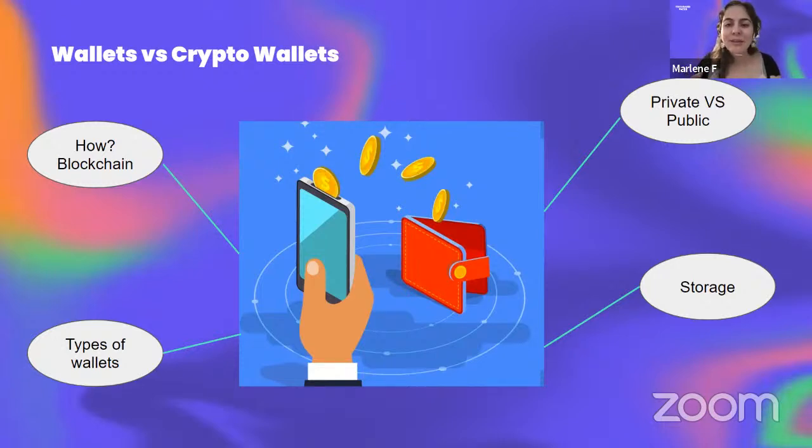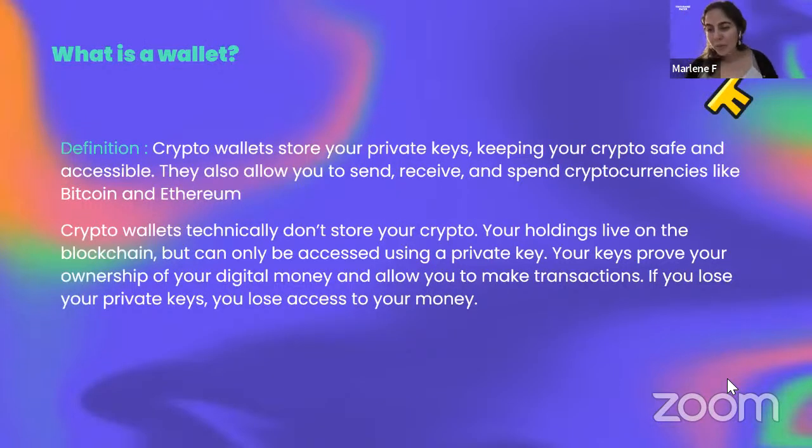A crypto wallet is a place where you store your private keys, and it's a way to keep the crypto safe and accessible. They also allow you to send, receive, and spend cryptocurrencies like Bitcoin, Ethereum, Polygon, different cryptocurrencies.